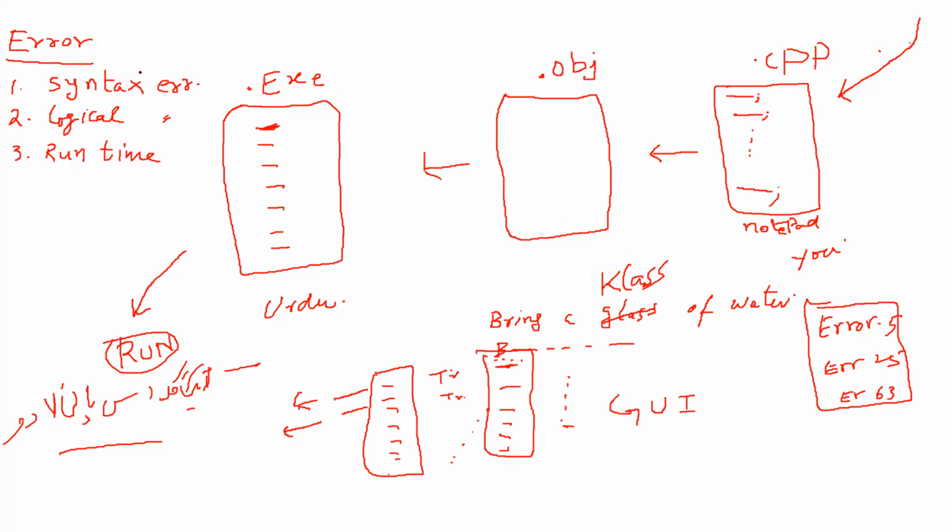That type of error is called a syntax error. Syntax errors are purely language errors in which we do not follow the rules of the language. Either the rules of the language are not followed, or we have spelling errors. Spelling errors are also syntax errors.